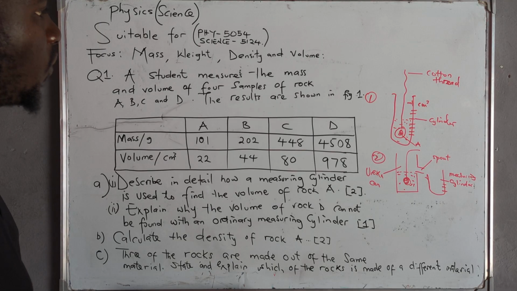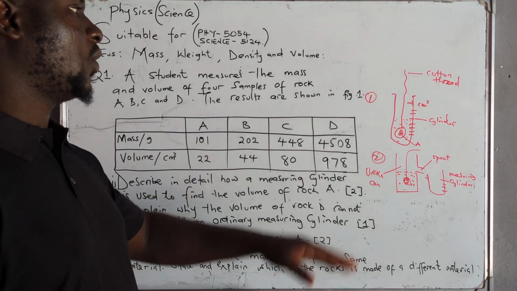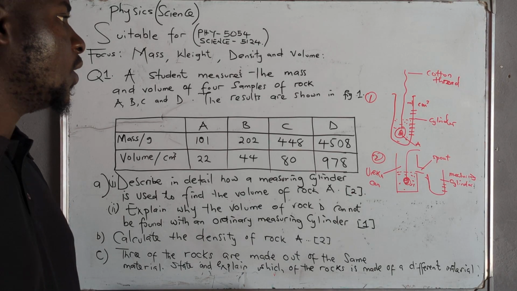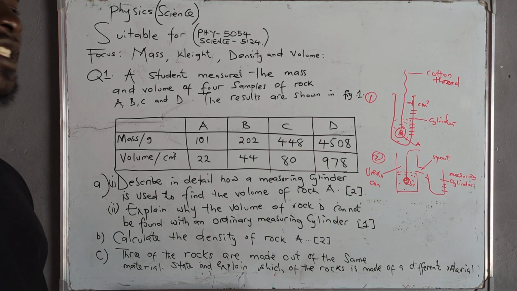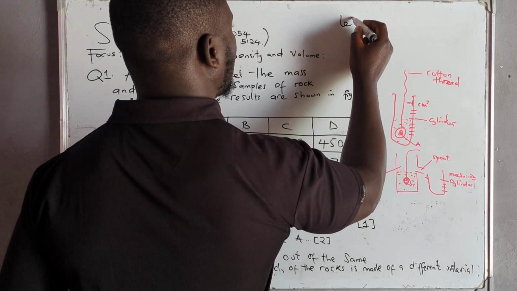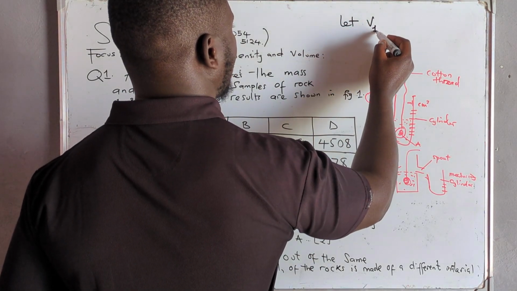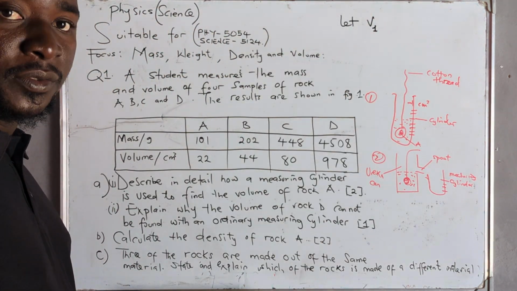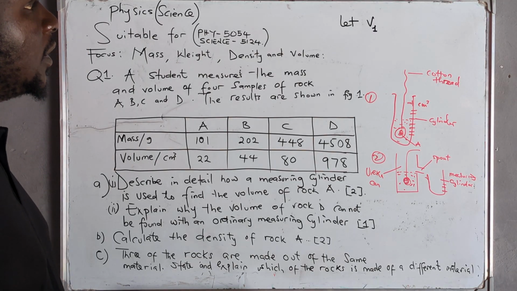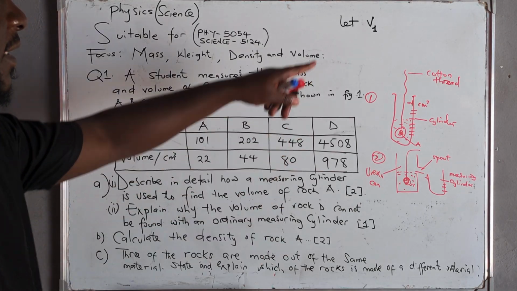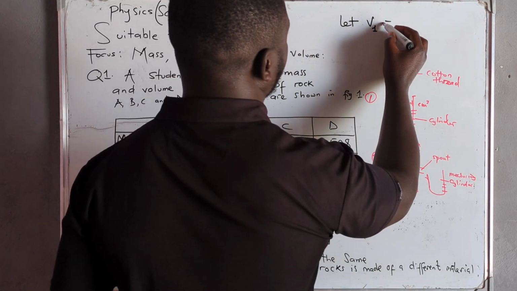In the first one, I'm going to explain. You get your measuring cylinder and pour a certain level of water. Record that volume of water as V1.